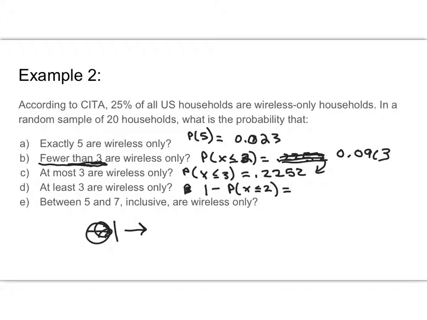I've already found what 2 or less is earlier on in the problem. I'm just going to subtract that value. And I end up with 1 minus 0.0913, 0.9087.